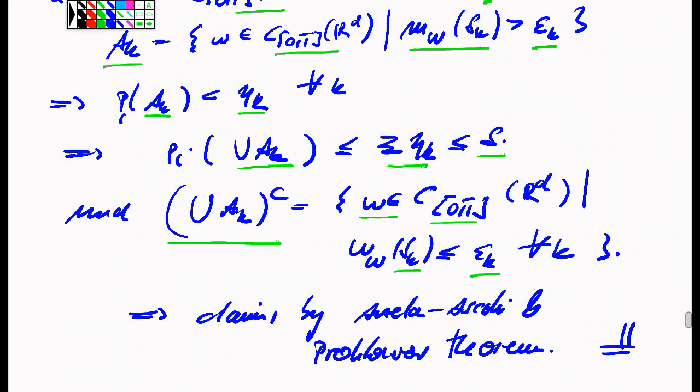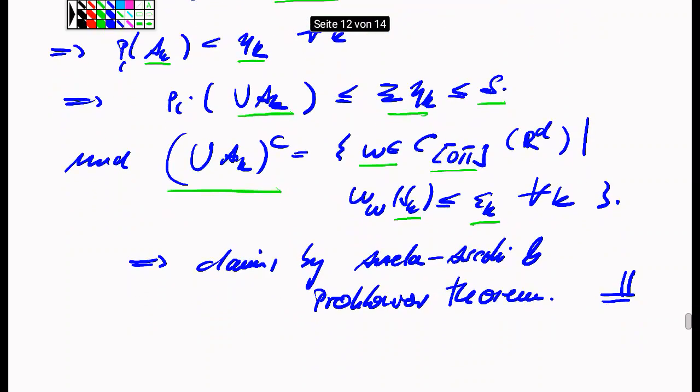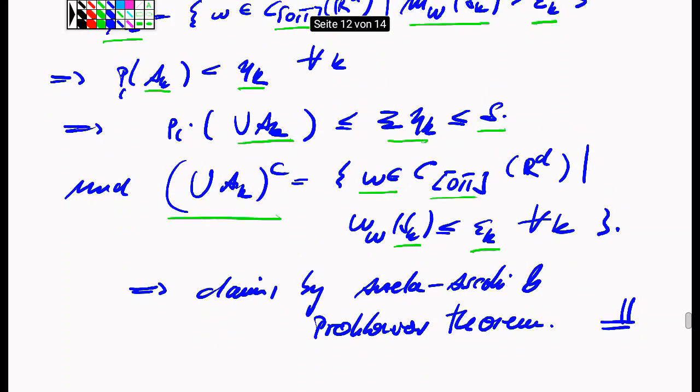This set is then a set of trajectories, then this set A complement. This is then a compact set, because this is a set of trajectories whose modulus of continuity we can control in a uniform fashion, and therefore we have a compact subset of the trajectories.